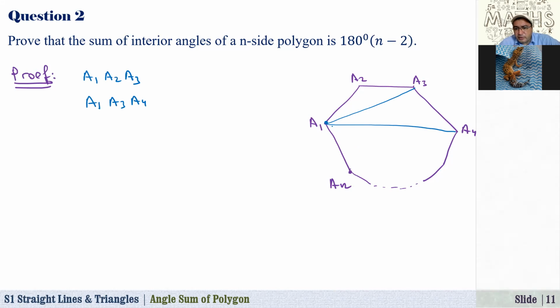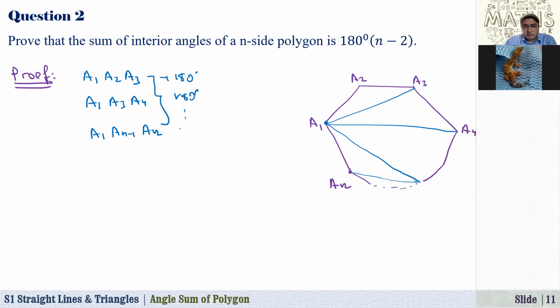And continuing, if I join this one, we can form A1, A(n-1), and An. Now, how many triangles do we have here? Let's see, here we have the sum of each triangle, 180 degrees, 180 degrees, and so on, 180 degrees.